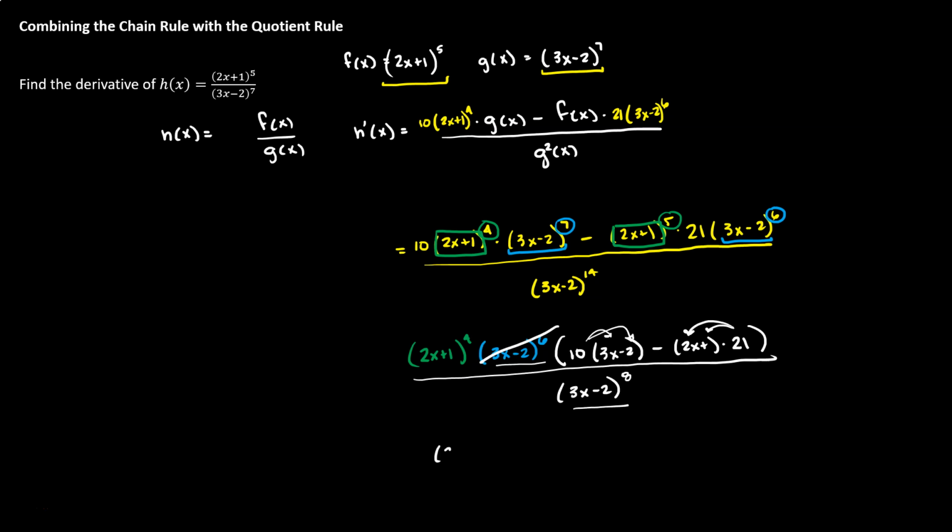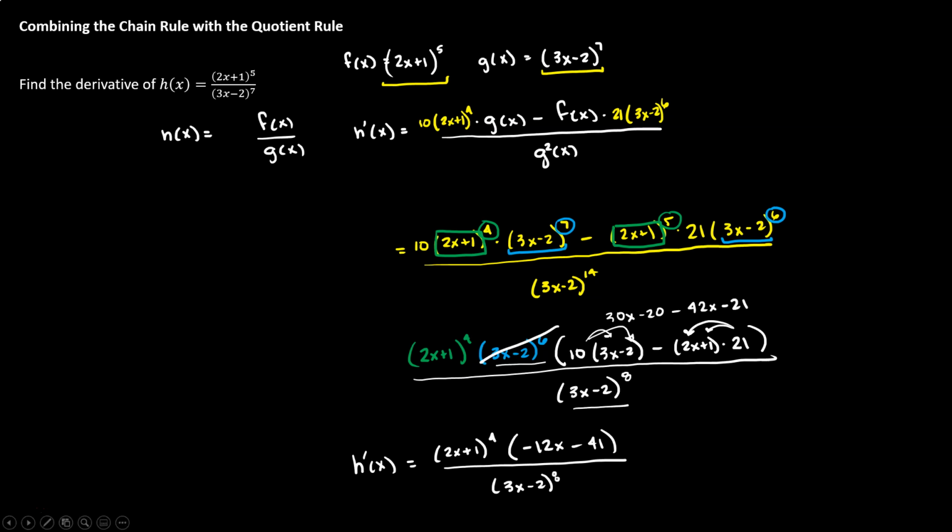So that would look like 2x plus 1 to the 4th times, I've got 30x minus 20 minus 42x minus 21. So that's going to look like negative 12x minus 41. And then copy over our denominator. And that's our derivative, h prime of x.